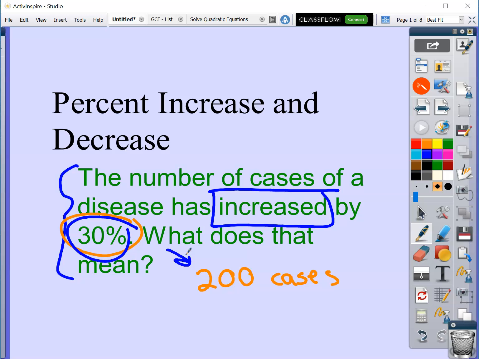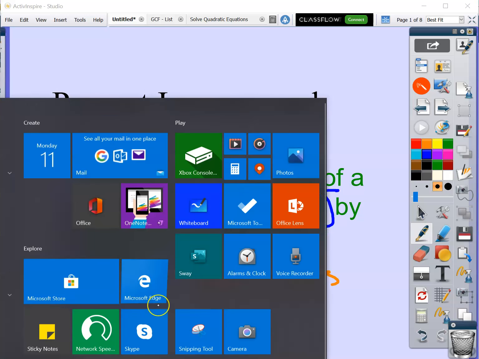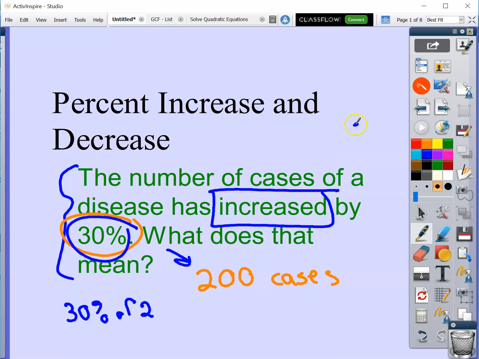So first let's figure out what 30% of 200 is. You've got a couple different ways of calculating that, but any way you do it, it's going to be 60. So here's what that means: it increased by 60.